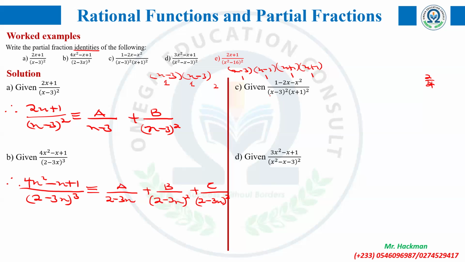So your first linear factor here has a power of 2. So how many fractions will this factor give you? 2. If you come to x plus 1, its power is what? 2. So how many fractions will this give you? 2. So in all, how many fractions? 4. You get a point.